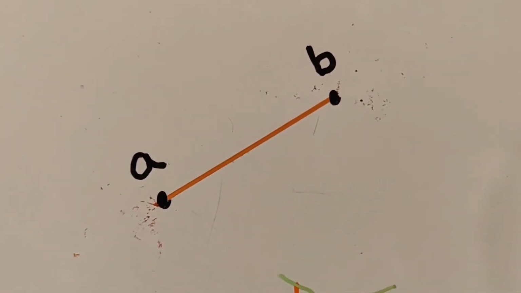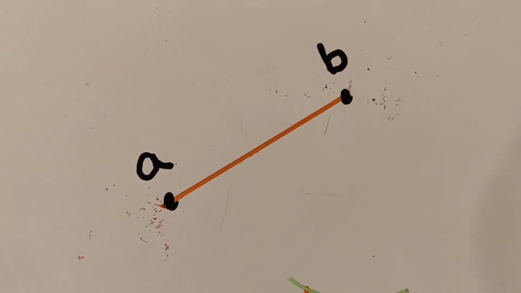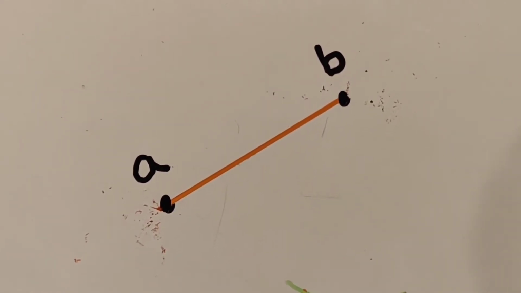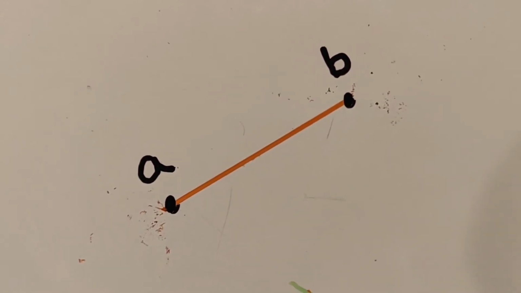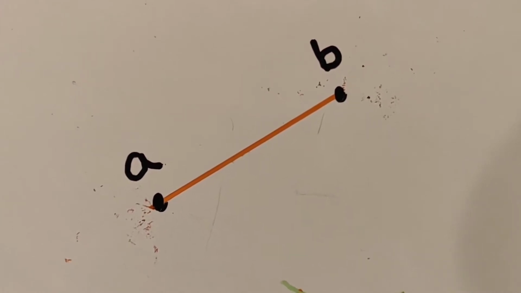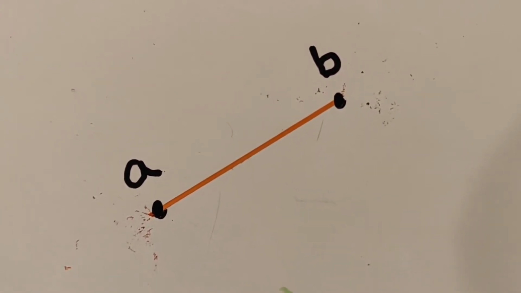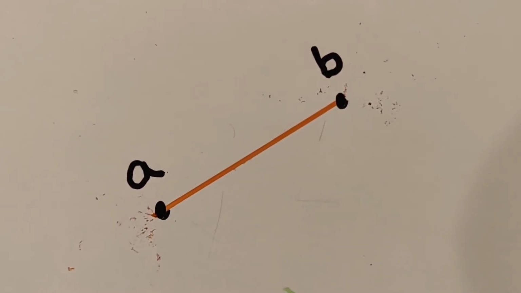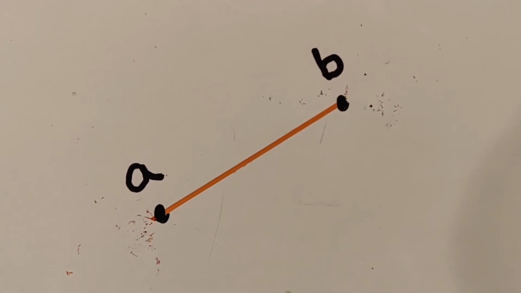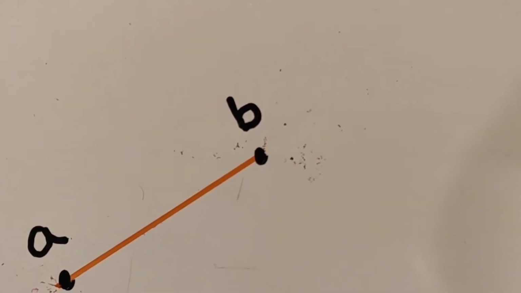And here it ends at point A on the one side and at point B on the other side. And it could also be measured because it doesn't go forever and ever. So we could just take a ruler out and measure that if we wanted to. So that's a line segment. On both sides it ends at a point, and it doesn't go either way forever. It stops there at point A and stops there at point B.